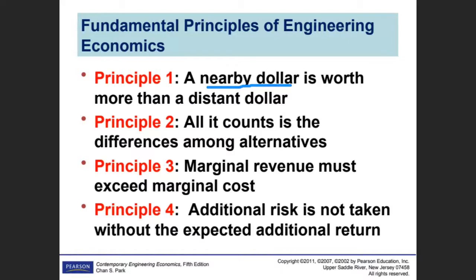Maybe the cash price is 50,000 for a car, but if you purchase the same car on installment, maybe for a 3-year installment, you are paying 80,000, right? So the same car becomes different, right? So this is what we are saying, a nearby dollar is worth more than a distant dollar.